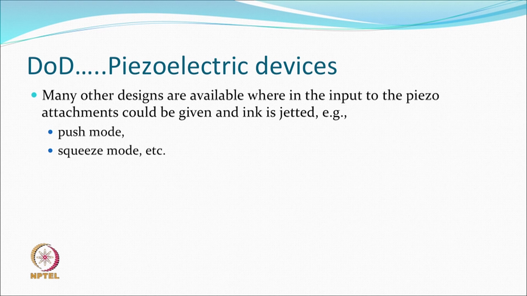Many other designs are also available, just like side by side, where a piezo attachment could be fixed and jetting could be done by push mode, by squeeze mode, by single, double, and so on. The principle remains the same, that the piezoelectric crystal will change its dimension because of the voltage, and therefore, it will definitely push.